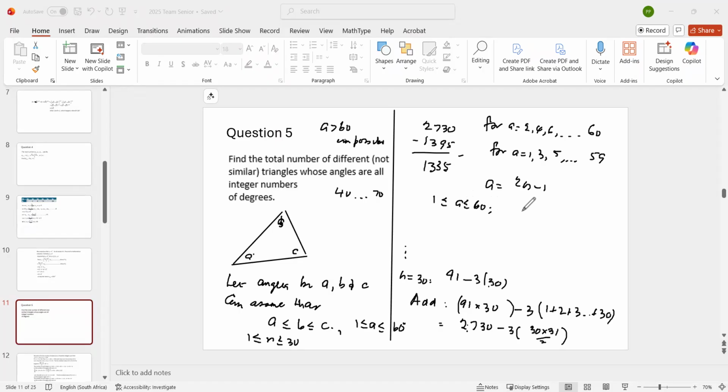So that gives you 1 less than or equal to 2n minus 1, less than or equal to 60. But now 2n is less than or equal to 61, so n is less than or equal to 30 and a half. But n is an integer, so you get the same values for n lying from 1 to 30.